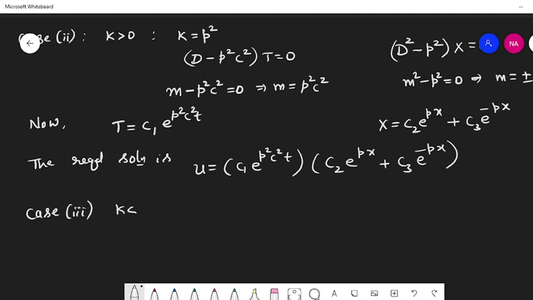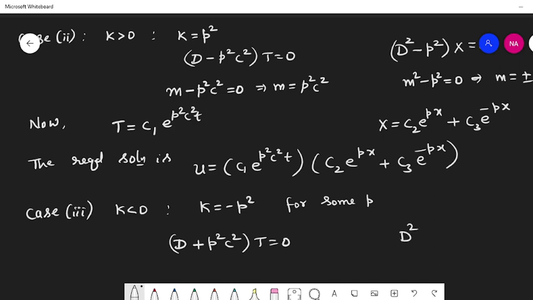Next, case 3. Assume k negative. That means you can assume k equal to minus p square for some p. Whether p is negative or positive is not a matter. So you get the same equation with opposite sign. You get (D plus p square c square) times T equal to 0, and here (D square plus p square) into X equal to 0.